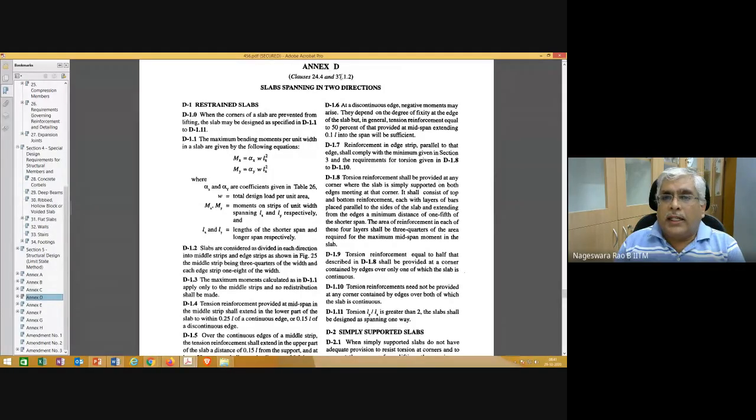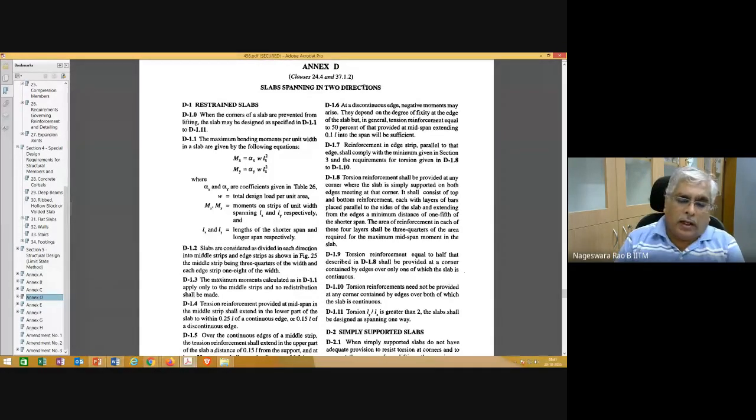Here, this annexure D is giving details for slabs spanning in 2 directions. And a slab spanning in 1 direction, if you know how to design these beams, can be designed as a beam of 1 meter width.